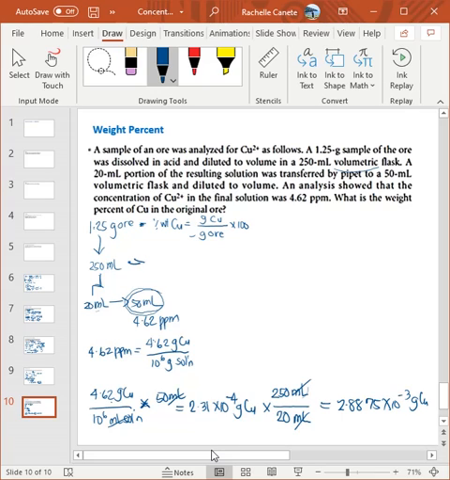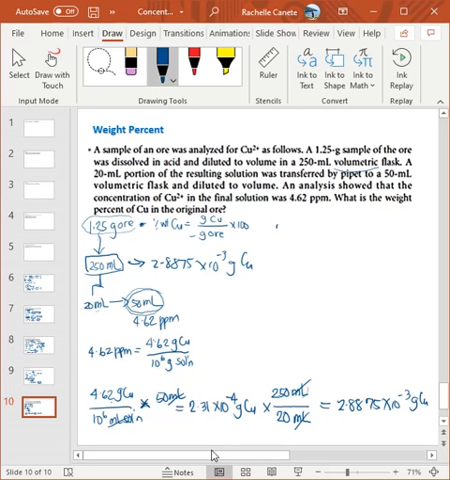So that means at this point, we have 2.8875 times 10 to the minus 3 grams of copper. Right? At this point, in the 250. Now, the ore, we directly dissolved it in 250 ml. That means this mass of copper is already the mass present in the 1.25 grams of ore. Because this is what we dissolved directly into 250.